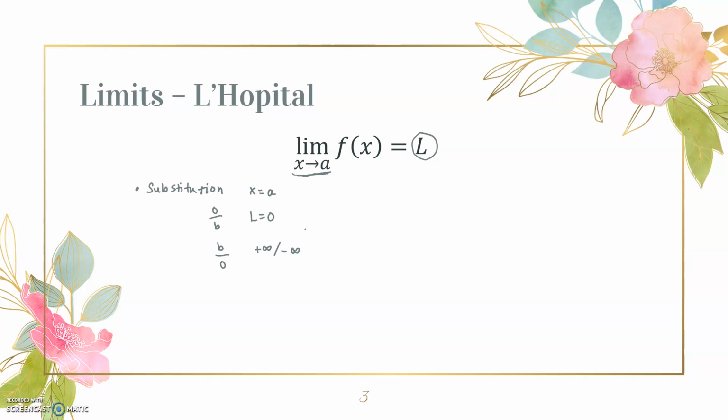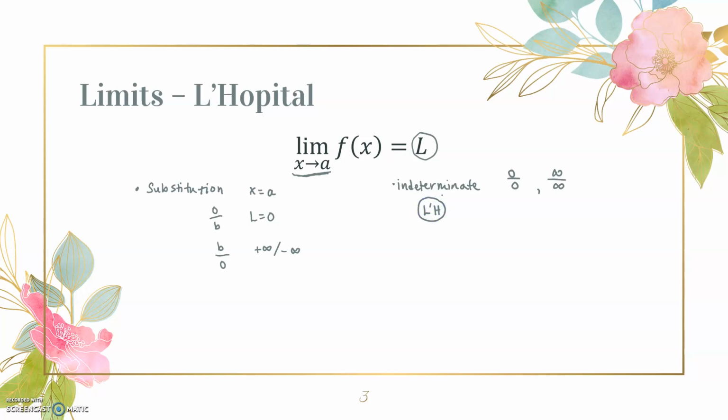In other words, your limit doesn't exactly exist. But you might get an indeterminate form, like 0 over 0, or infinity over infinity. And if that happens, then you can do L'Hopital's rule.